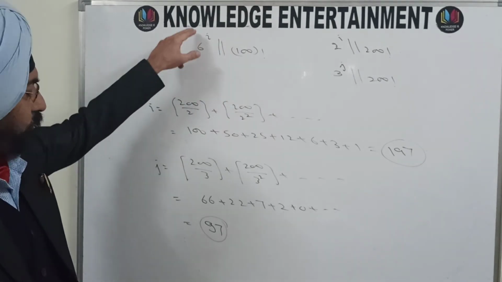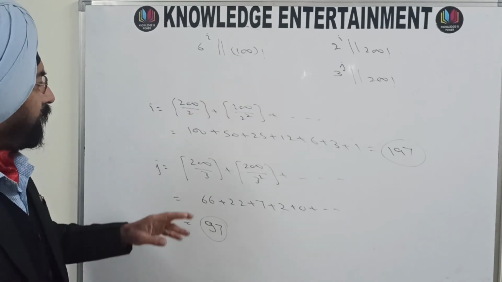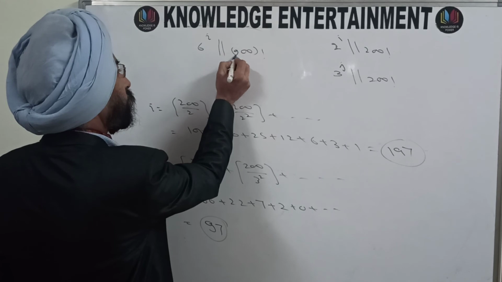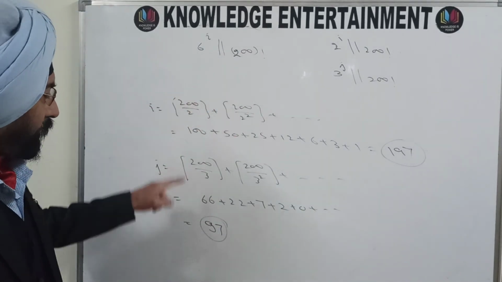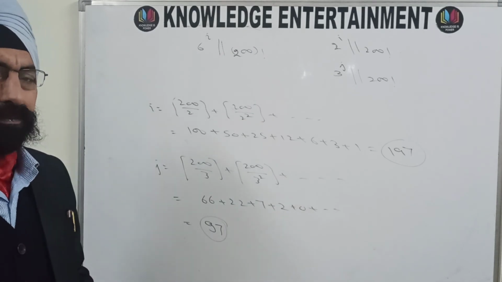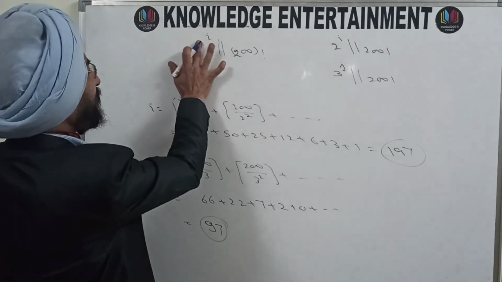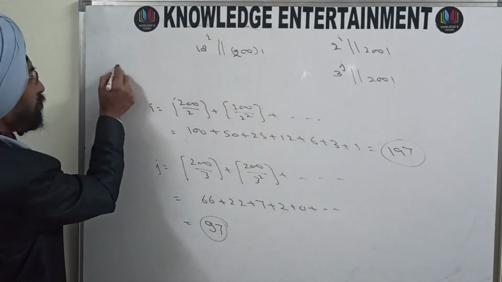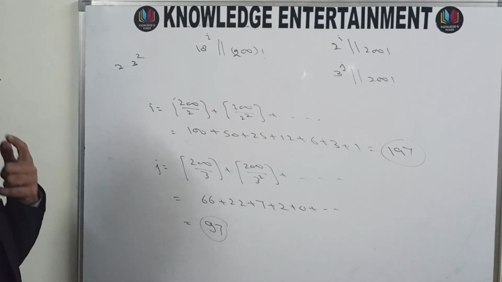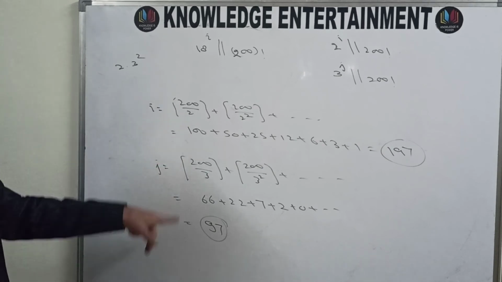So that means maximum 97 powers of 6 will divide 200 factorial. I have taken 100 here, sorry. So change the question, make it 200 factorial. So 6 raised to the power 97 max divides 200 factorial. Suppose it is not 6, it is 18 here. And 18 means 2 into 3 square. So what to do? You have to do the same way.